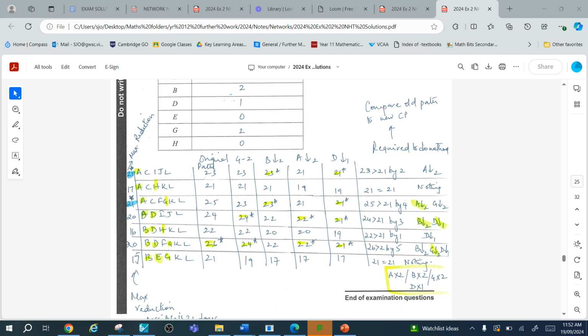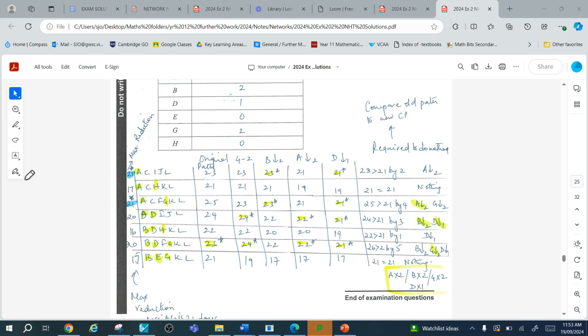Having highlighted all these reducible activities, and knowing the maximum reduction I can possibly do is 2 days, I subtract from the original path the duration that can be reduced. So A is 2, and therefore 23 take away 2 is 21. In the second path, it's 2 plus 2, A and H, so 21 take away 4 is 17. In the third path, it's A and G, so 25 take away 4 is 21.